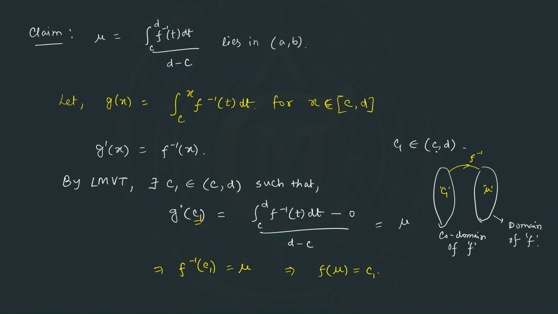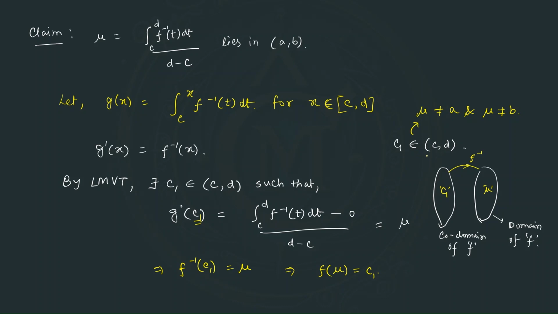So as c1 belongs to the open interval c to d, we can say that c1 cannot be equal to c or c1 cannot be equal to d. That means this mu right here cannot be equal to a and mu cannot be equal to b because that will violate the rule that f is an increasing bijective function.